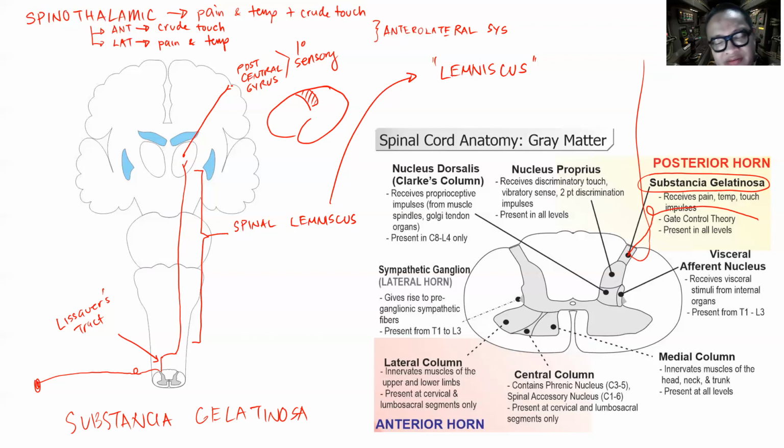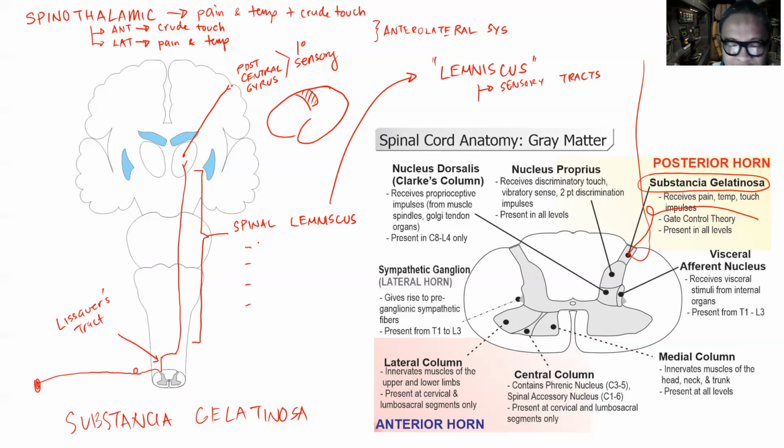So what is it? Just remember this, it's a tract, or a group of tracts. And usually, number one, it's sensory, and there's at least two basic important lemniscal systems. But when you're talking about your spinothalamic tract, this part here, after it has crossed, it is called your spinal lemniscus. Now, your spinal lemniscus is not simply your spinothalamic, it's a group. So we're going to enumerate the group.